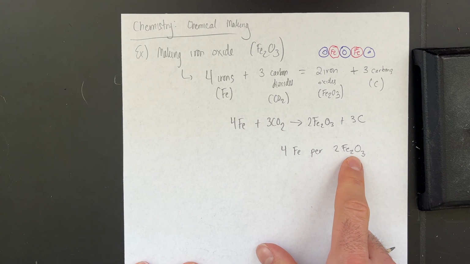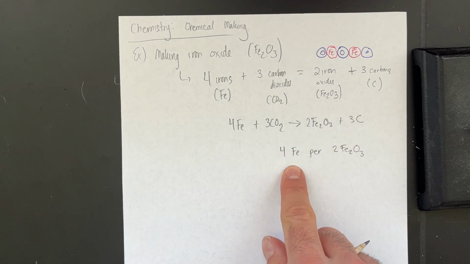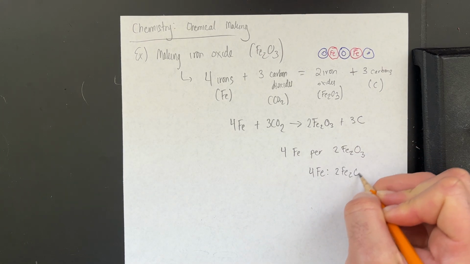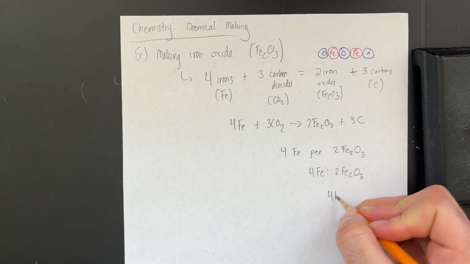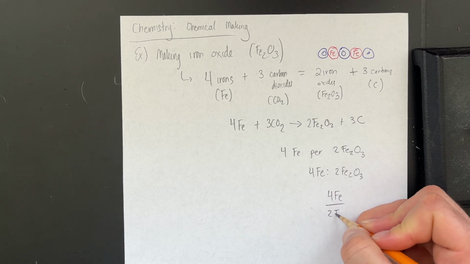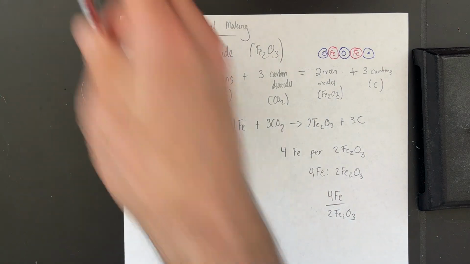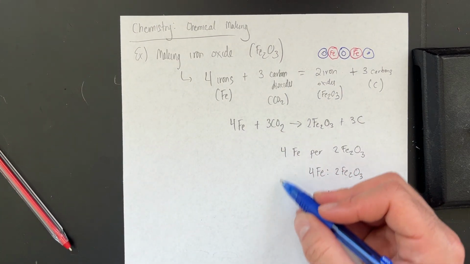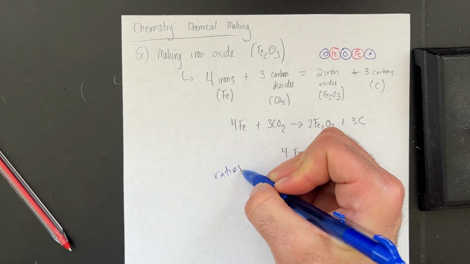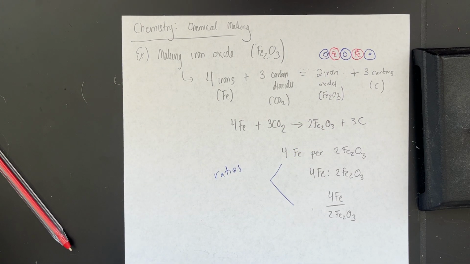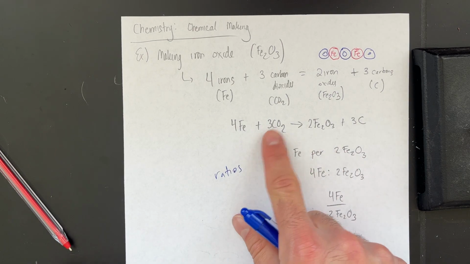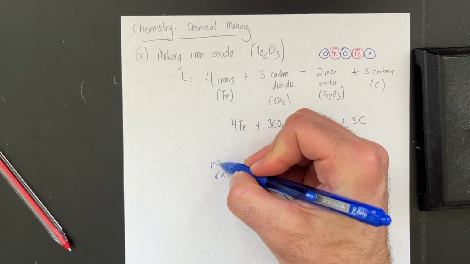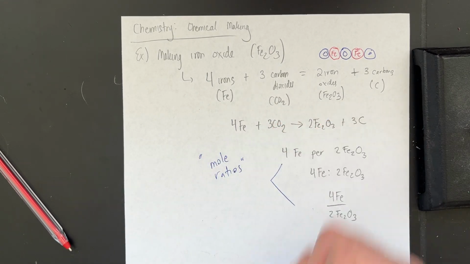We can write that another way as 4 Fe per every 2 Fe2O3, again remembering that this means per. Again, these are all just ratios. They tell us the quantity in which things are combining in order to make stuff. Now, we call these ratios, but actually we go one step further. These are what we call mole ratios.